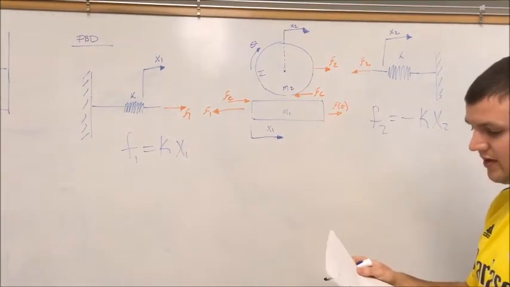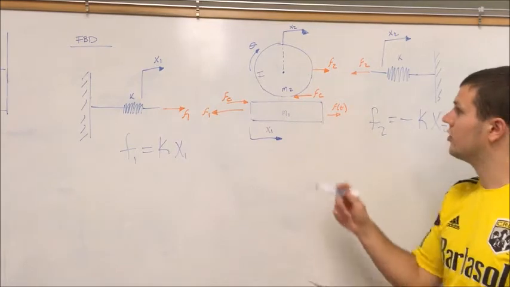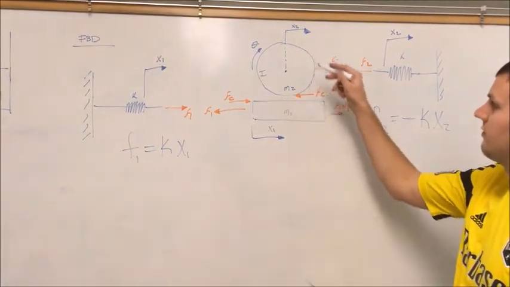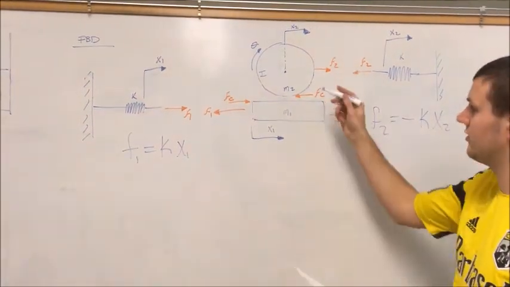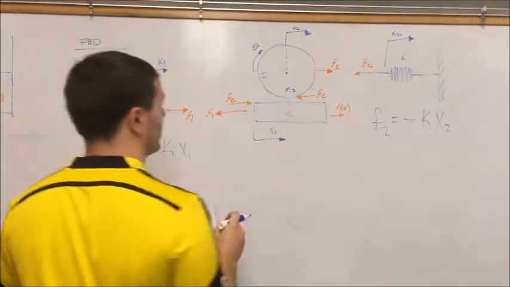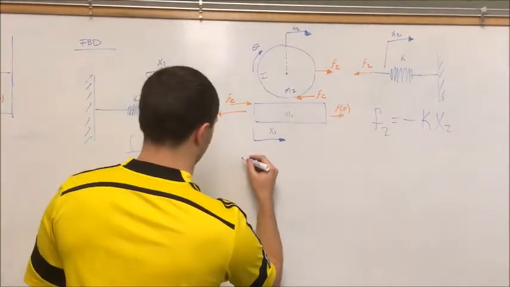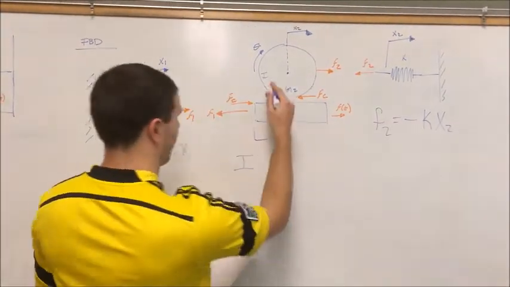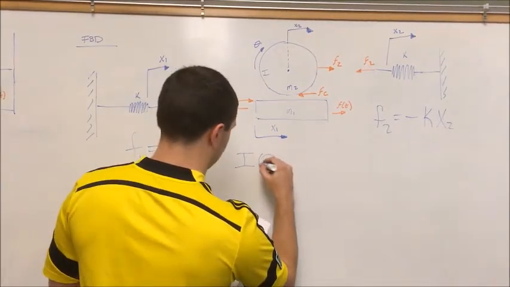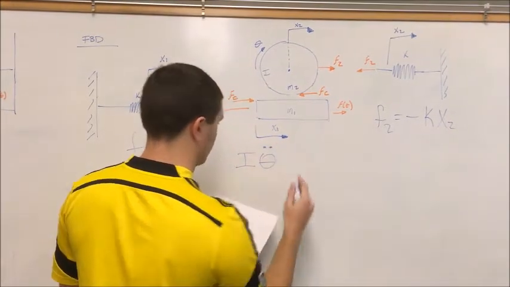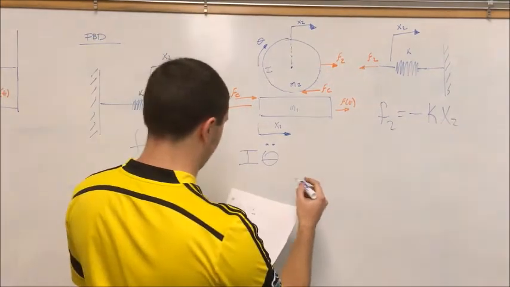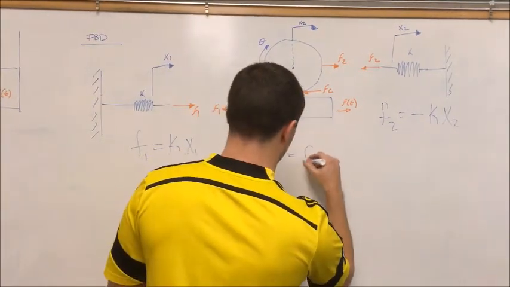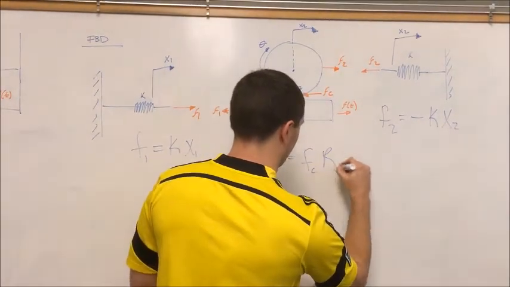So next thing we have to do is look at the angular motion, and we'll write an equation for the disc, and that's going to be I for the disc times theta double dot, which is just the angular acceleration alpha, equals FCR.